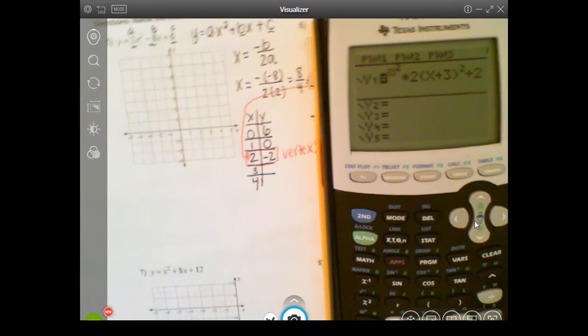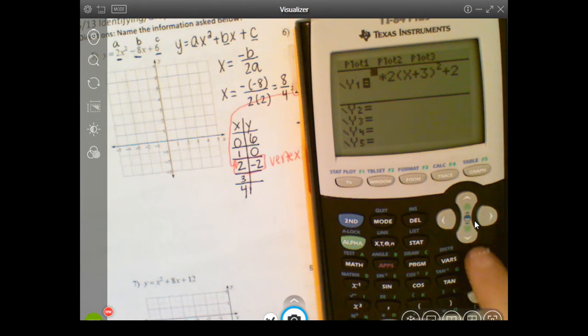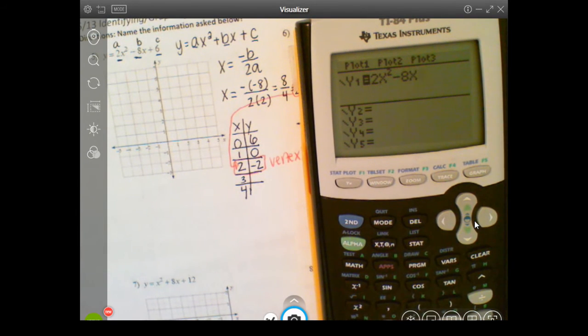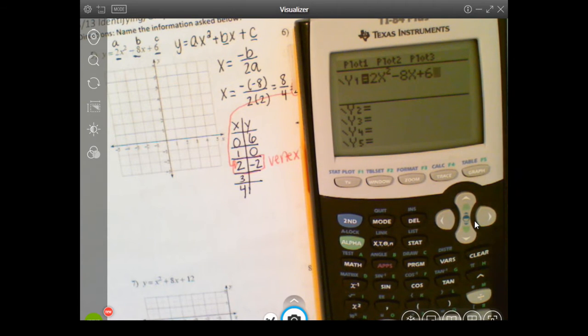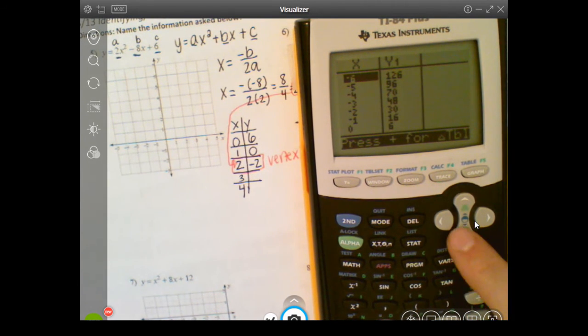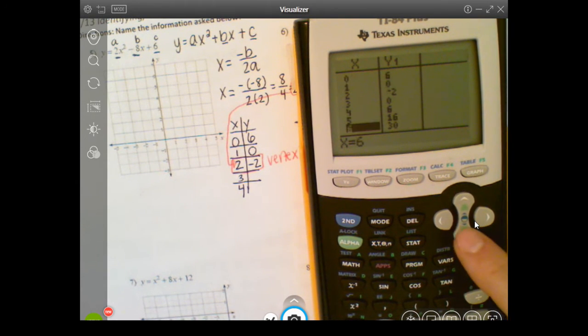If you have this, instead of doing all that, you can go into your y equals and type in the equation, just like we've done with linear. And if I want to see the table of values, remember it's second graph. So now I can go to 2. So I have to scroll down, and I'll put 2 in the middle.